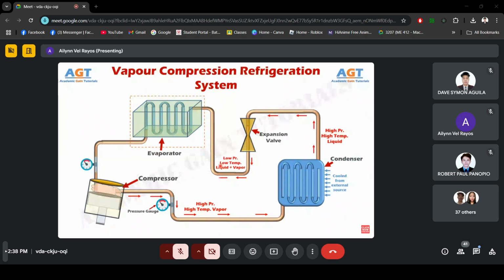In practical use, at this point we do not get only liquid refrigerant, but actually obtain a mixture of low-pressure, low-temperature liquid and vapor refrigerant. Thus, here we get a mixture of very cold, chilled, low-temperature liquid and vapor refrigerant coming out of the expansion valve. Then, this liquid and vapor mixed refrigerant will be passed over to the evaporator.